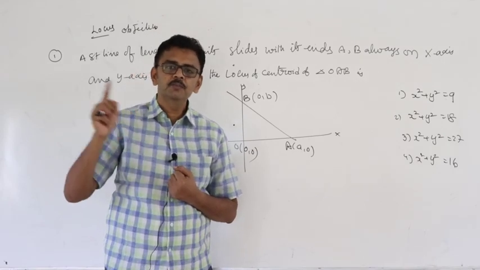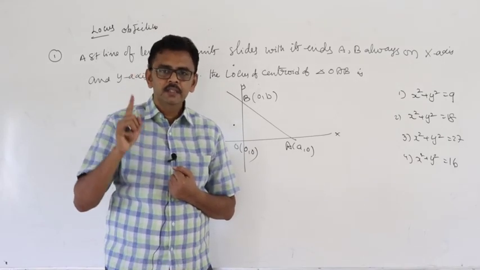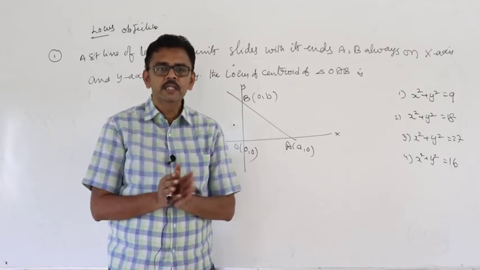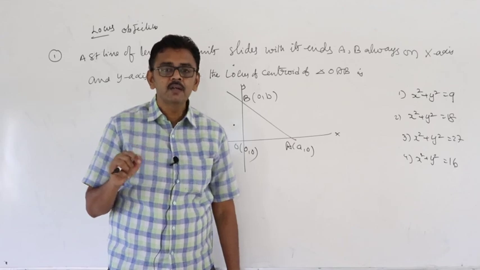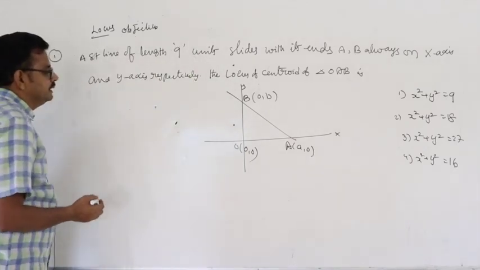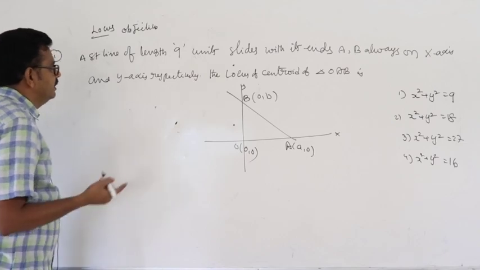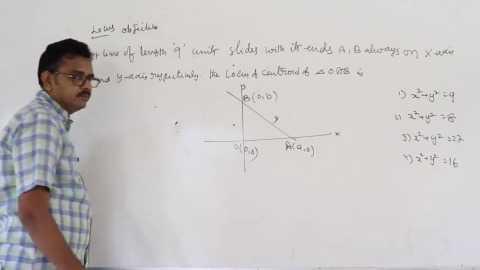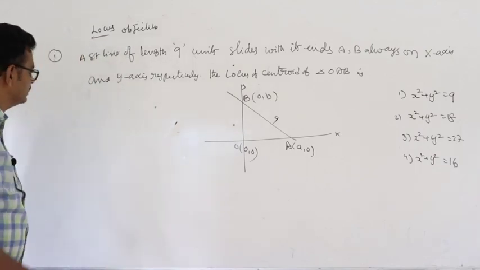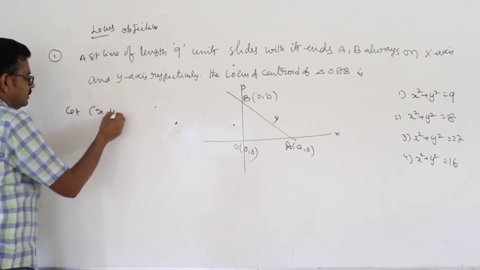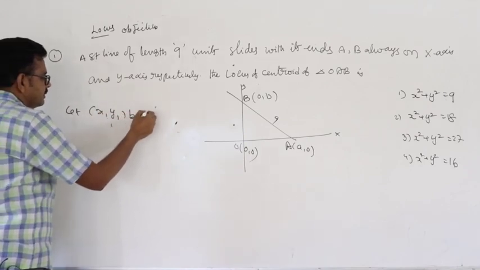To find the locus of midpoint of AB, let x1 comma y1 be the midpoint. So here we have to find the locus of centroid. Let x1 comma y1 be the centroid of the triangle, and also given a rod of length 9 units.